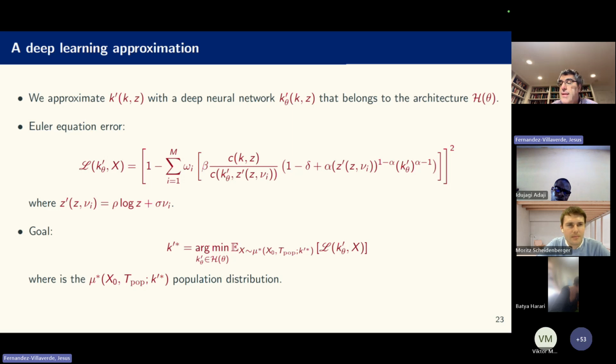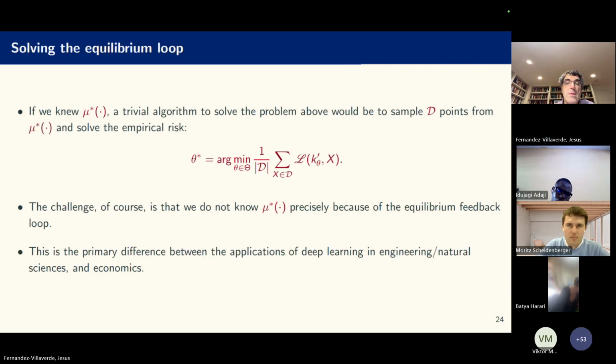In engineering and natural sciences, that's typically exogenous. They say, well, there is some data generating process in the real world that generates the population. For us, it's not an exogenous data generating process, it's an endogenous one.